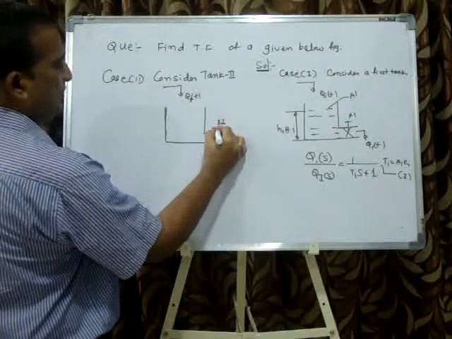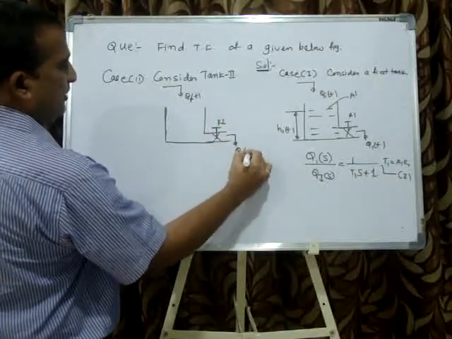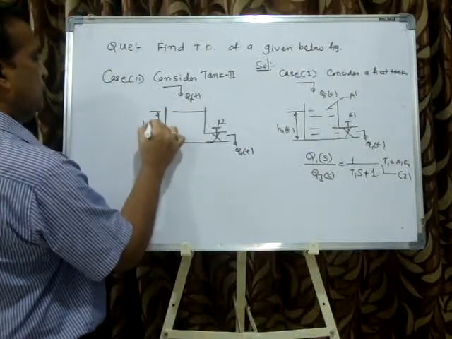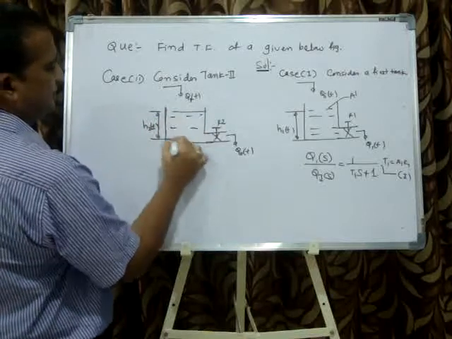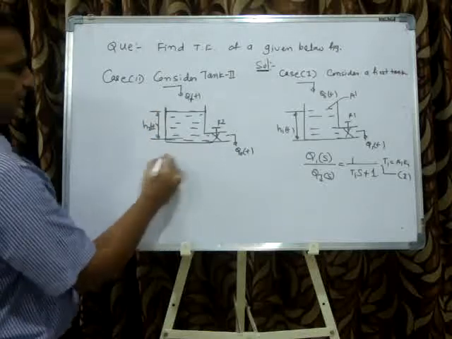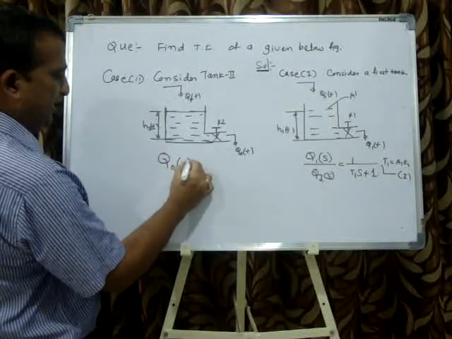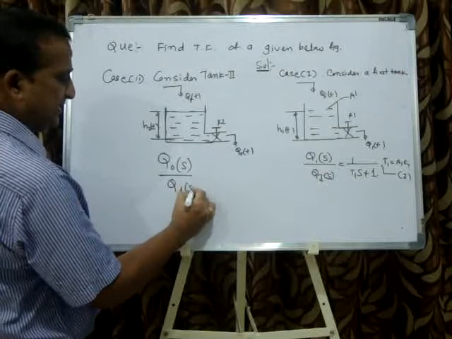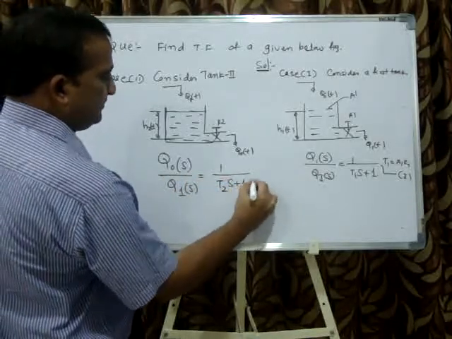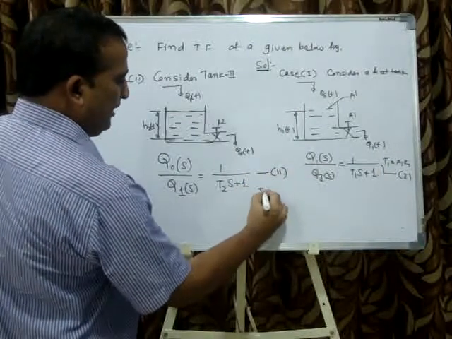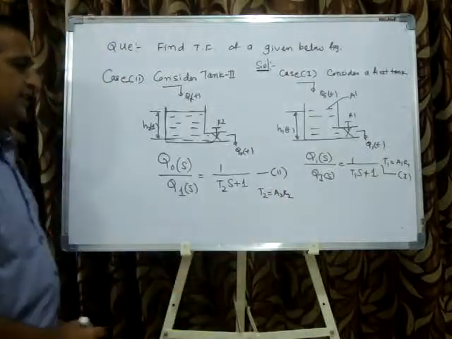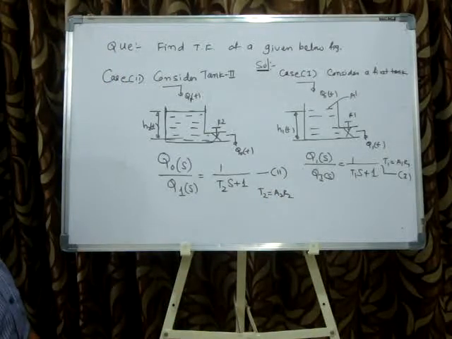This is R2, this is Q0 of t, and this is H2 of t. Here also I can write Q0 of s divided by Q1 of s equal to 1 by (T2 s plus 1). So this is equation number 2, and T2 is A2 R2, the time constant. T1 and T2 are time constants in seconds.